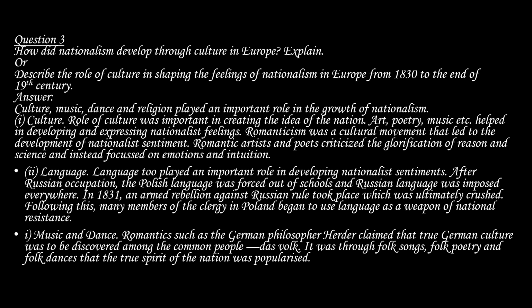Role of culture was important in creating the idea of the nation. Art, poetry, music, etc. helped in developing and expressing nationalist feelings. Romanticism was a cultural movement that led to the development of nationalist sentiment. Romantic artists and poets criticized the glorification of reason and science and instead focused on emotions and intuition.